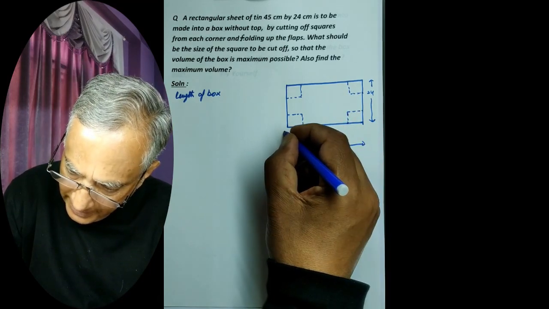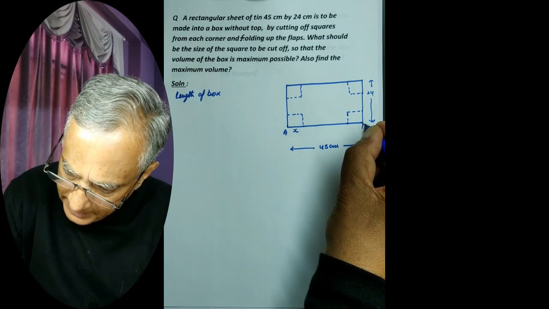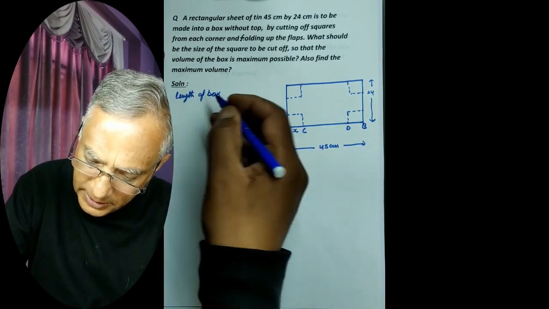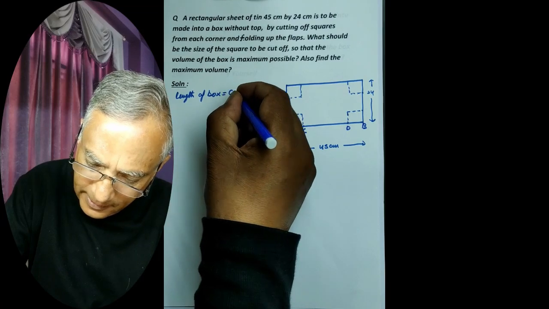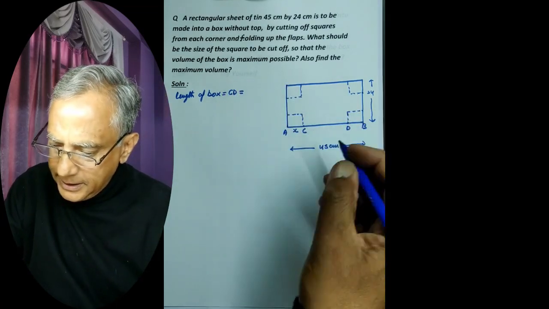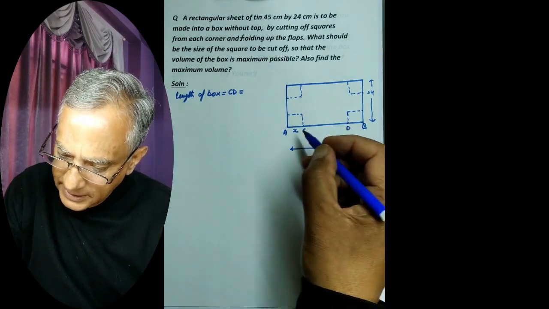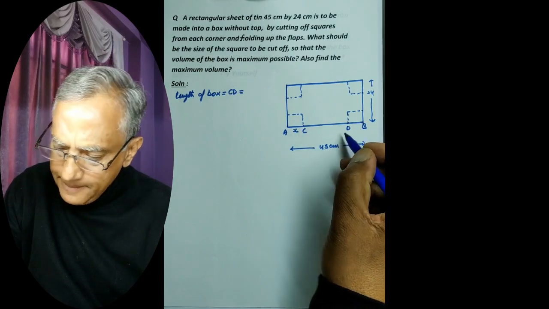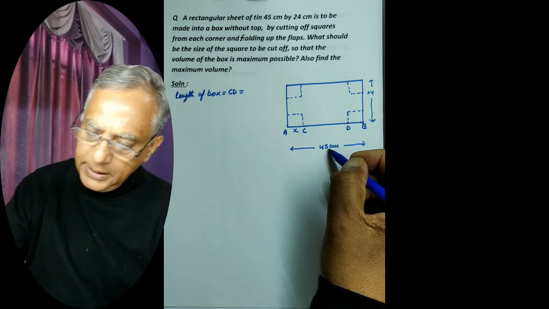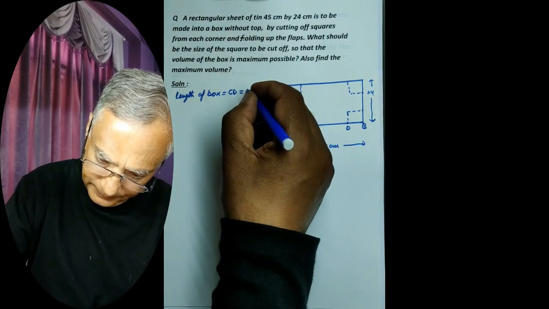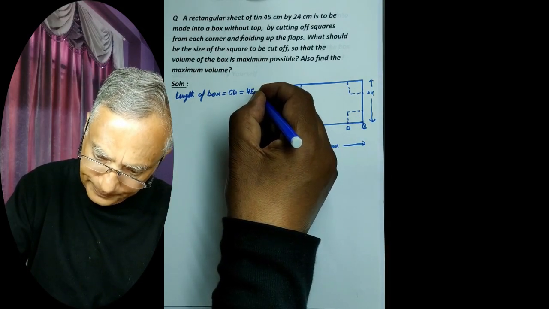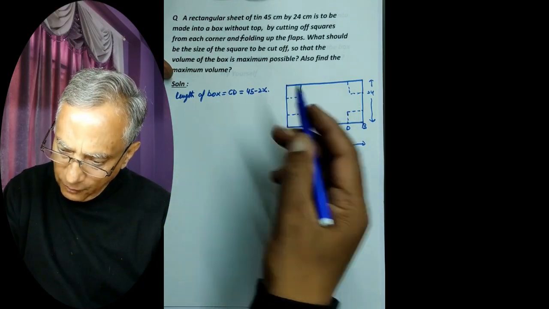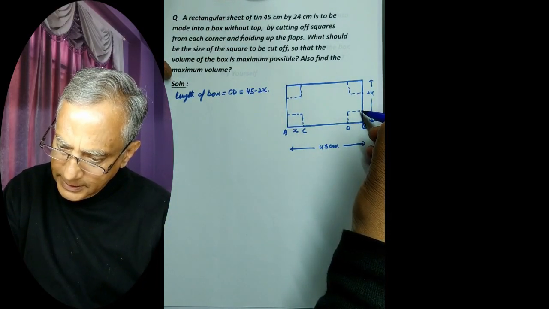Let this be A, B, C, D. So length of the box is equal to CD. How much is CD? CD will be, this x is gone, this x has been cut off. So we are left with 45 minus 2x. This will be the length of the box and the width of the box will be this.